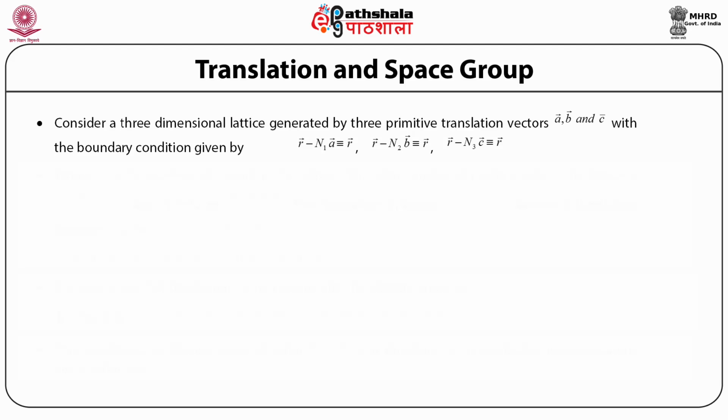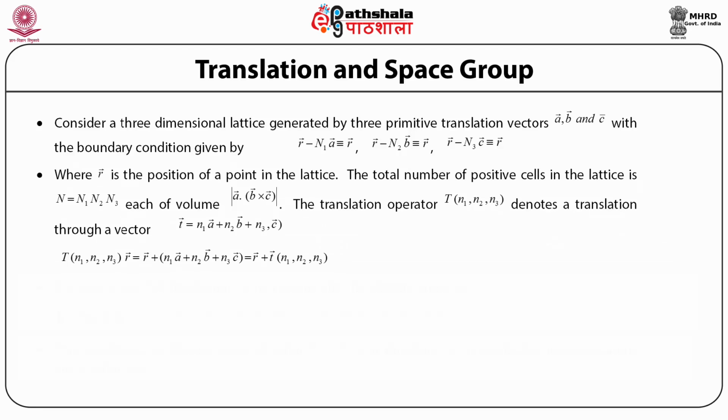Consider a three-dimensional lattice generated by three primitive translation vectors a, b and c with the boundary conditions given by the vector R minus N1 times the vector a is equal to R itself, and vector R minus N2 b is equal to R, and R minus N3 c is equal to vector R, where R is the position of a point in the lattice.